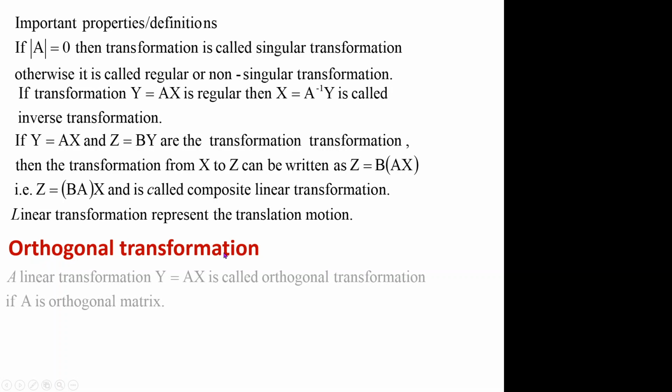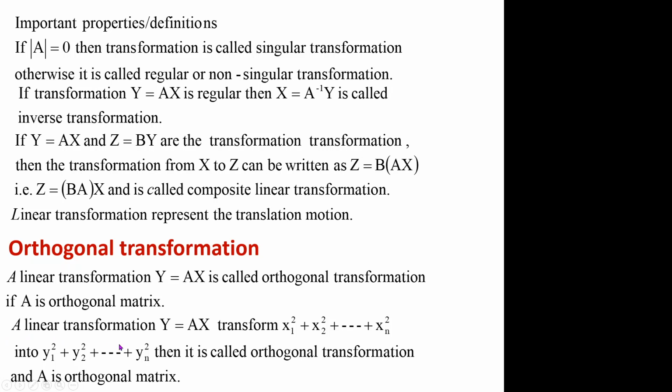The next we have orthogonal transformation. A linear transformation y equal to Ax is called an orthogonal transformation if the matrix of linear transformation is orthogonal. That is, if A is an orthogonal matrix, then such transformations are called orthogonal transformations.